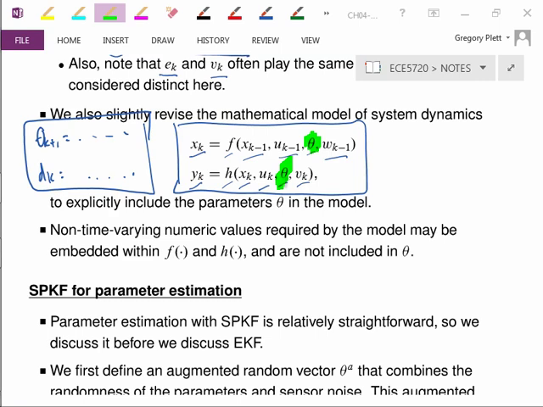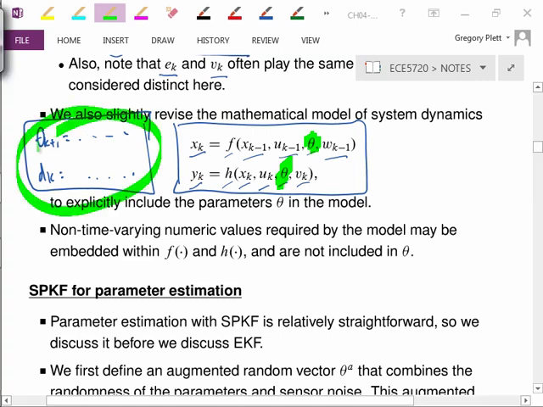Okay, so those are some preliminaries. What we're going to do is apply the extended Kalman filter and sigma-point Kalman filter to those parameter equations to estimate parameters. It turns out that adapting the SPKF to this kind of equation is fairly straightforward, as straightforward as SPKF can ever be.